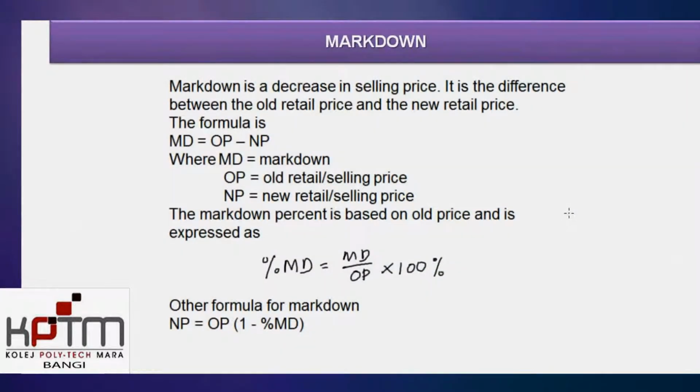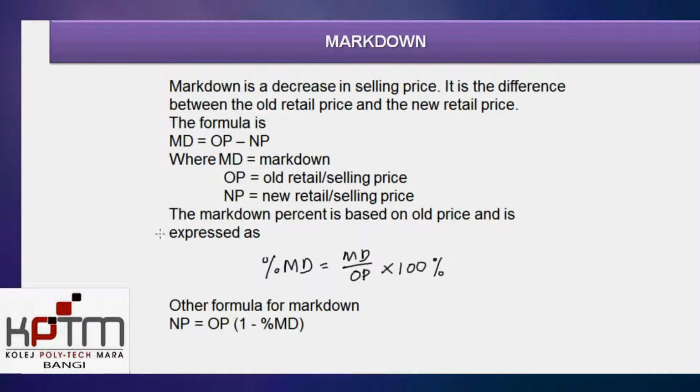The next subtopic is markdown. Markdown is a decrease in a selling price. It is the difference between the old retail price and the new retail price. The formula is MD equals OP minus NP, where MD is the markdown, OP is the old retail or selling price, and NP is the new retail or selling price.